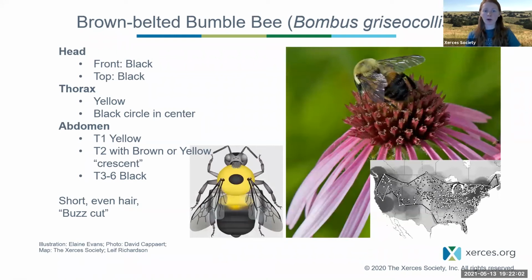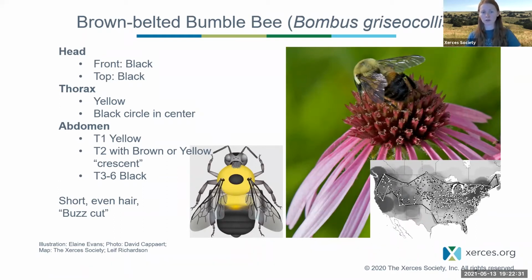Next is the brown-belted bumblebee, or Bombus griseocollis. This again is a really common species, found all across Missouri and then some. The hairs on this bee's head are black, both on the front of the face and the top of the head. It's got a yellow thorax with a black circle in the center. And the character for this one is the color and the pattern on T2.